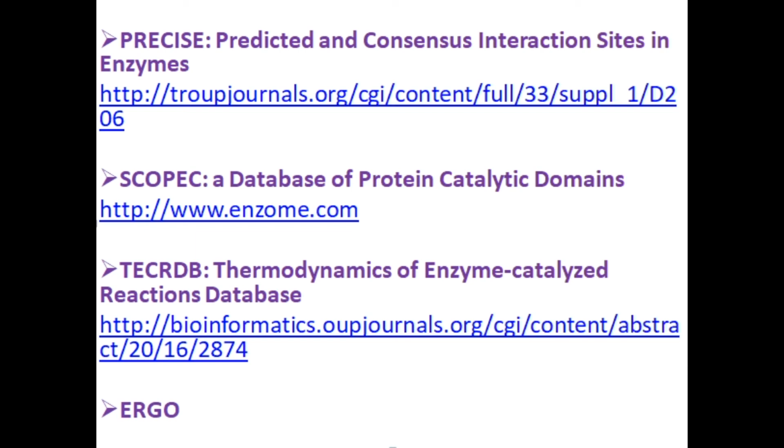It can be reached through precise.bu.edu. The current version of PRECISE contains all the information on interactions extracted from enzyme-ligand complexes.